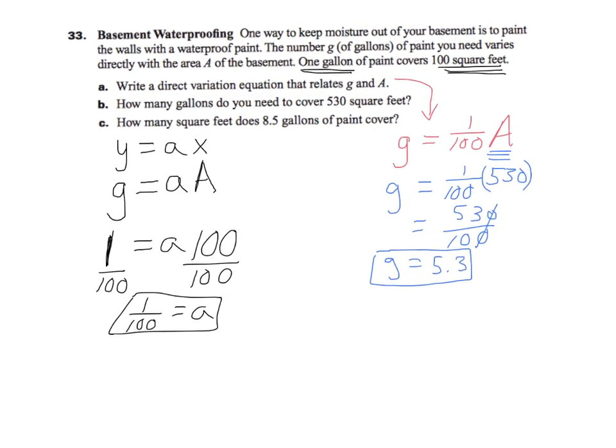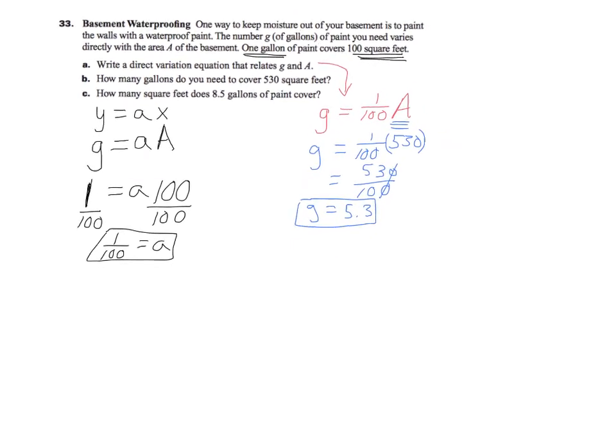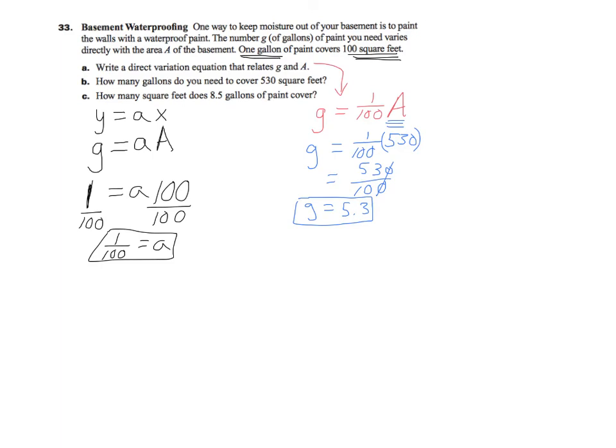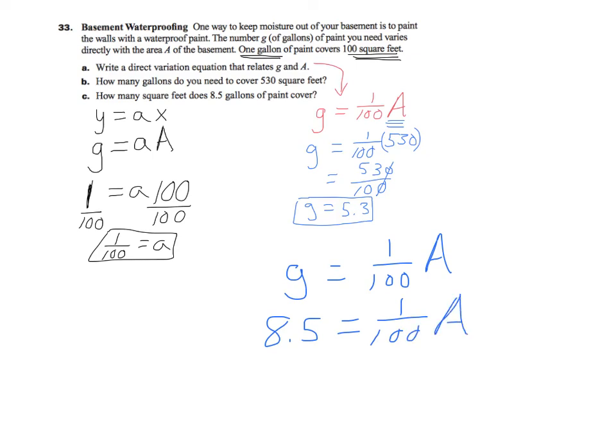Okay, let's make some space here. And lastly, how many square feet does 8.5 gallons cover? Well, let's flip the script here. In this same equation that's representing the number of gallons that we would need for a certain area, we can say if we have 8.5 gallons, how much area could we cover?